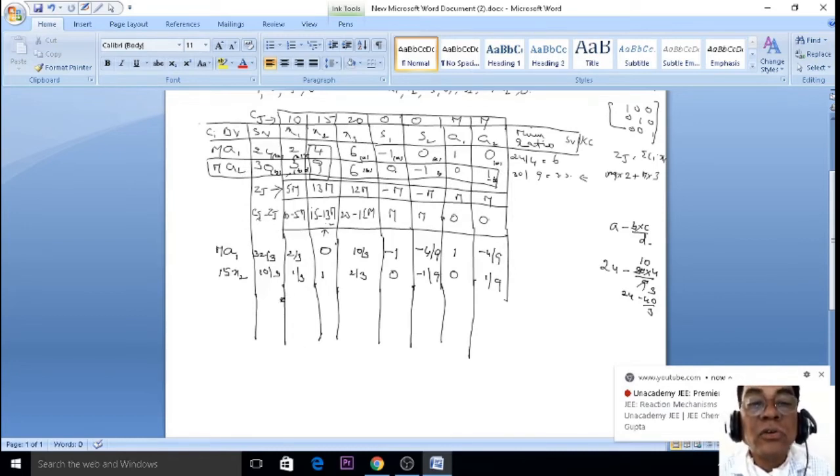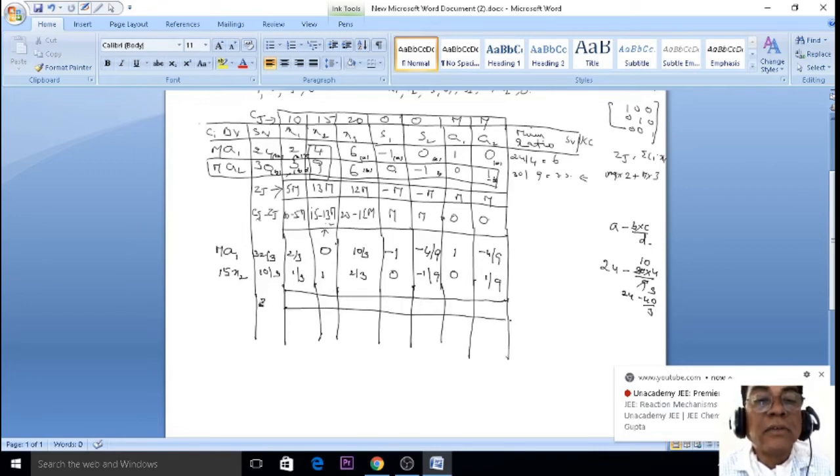Next, go to Zj. What is the basic formula for Zj? Sigma Cb into Xi. It means M into 2 by 3 plus 15 into 1 by 3, which is 2M by 3 plus 15 by 3, that is, 2M plus 15 by 3.